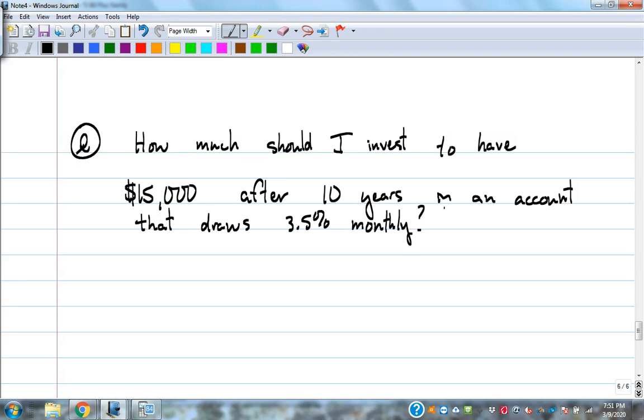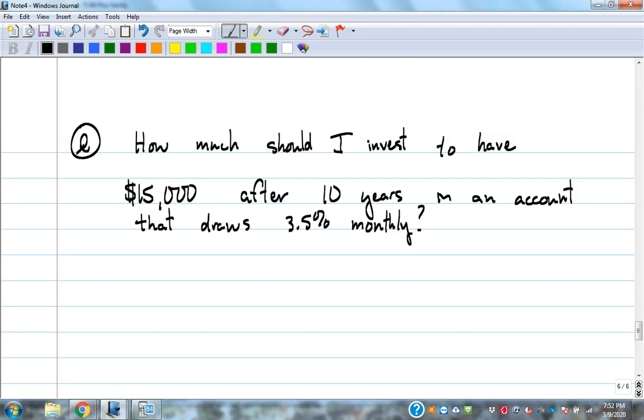Okay, so this problem is a little different. We know how much we want our account to be worth after 10 years. But we know the interest rate on that. So if you're willing to lock your money away for a certain amount of time, you can find higher interest rates. CDs, and there are some mutual funds that lock your money away for a certain amount of time.